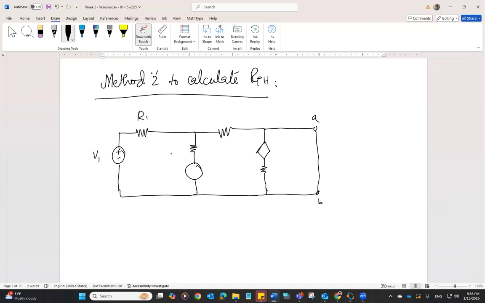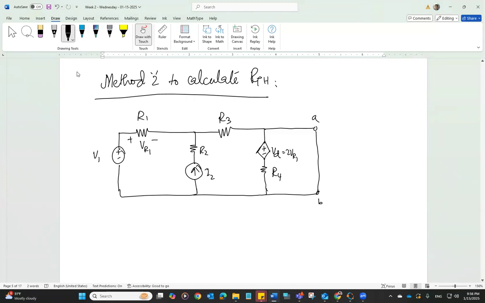V1 is the same, R1 is the same, R2 is the same, of course. The only value that can change is VD, because again, when you change the circuit, the voltage drop may change across R1, currents may change. And since VD depends on the voltage drop in R1, therefore the value of VD can change, but other values are going to stay the same, because independent source values are not going to change, of course, and resistor values are not going to change. But VR1 may change. And this is 2VR.